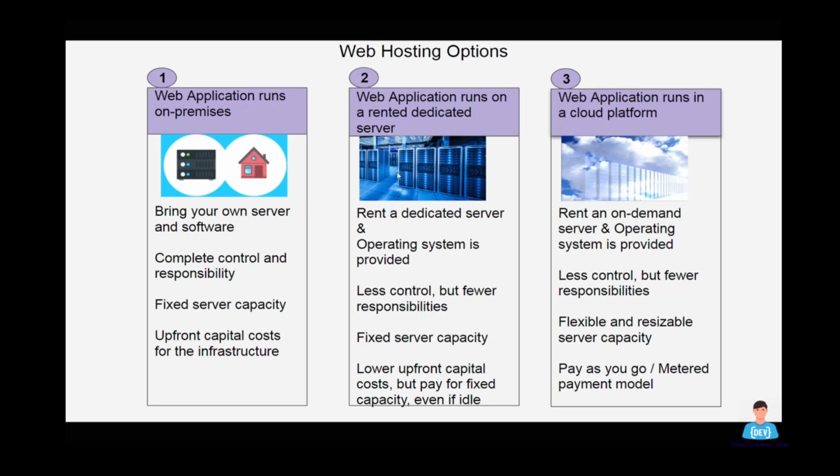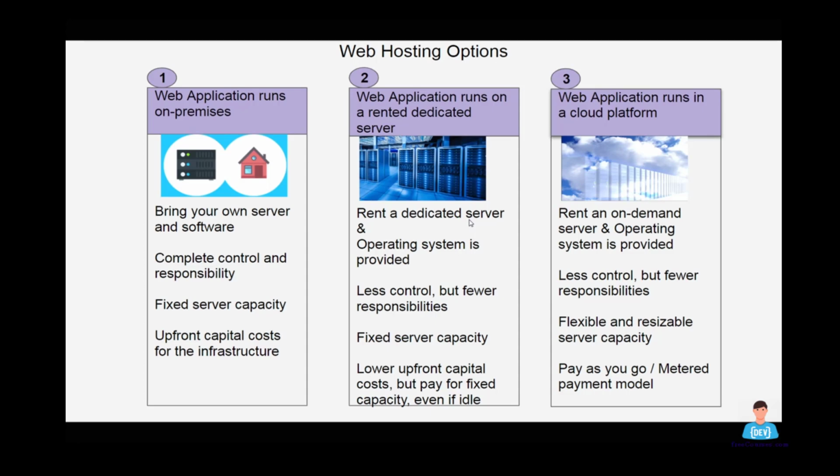All right, so now let's consider a second option, and the second option is to rent a dedicated server. In this option, you need to rent a server from a service provider. So that means you rent a virtual server, not a physical server. In other words, you don't go to the service provider and ask them for a physical server.